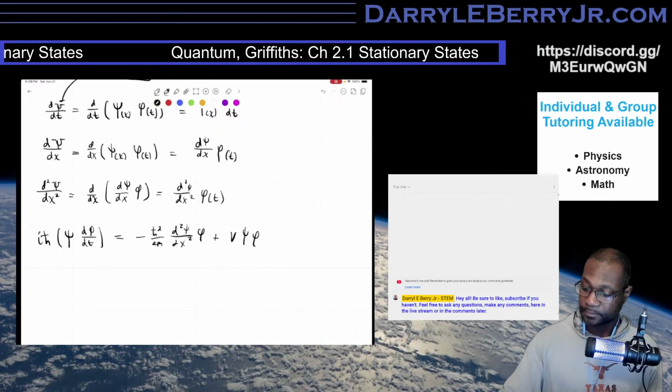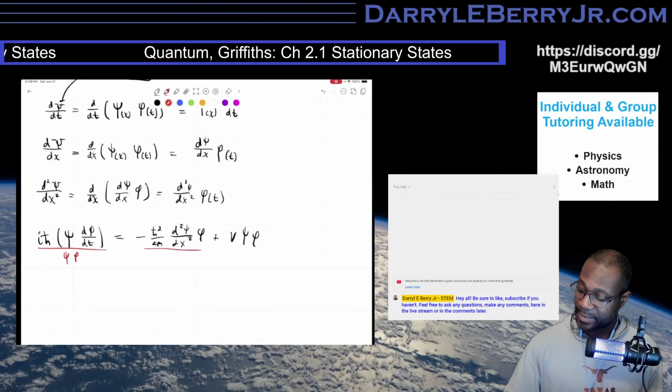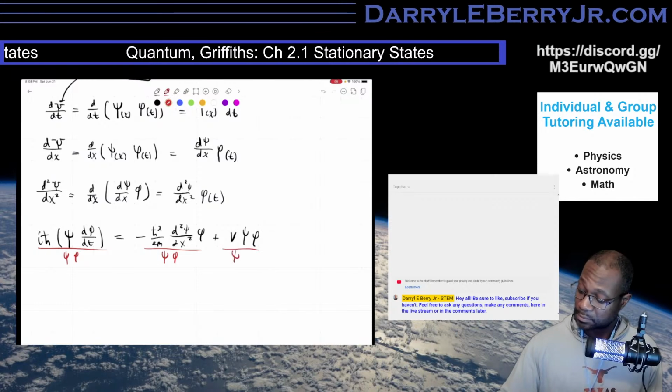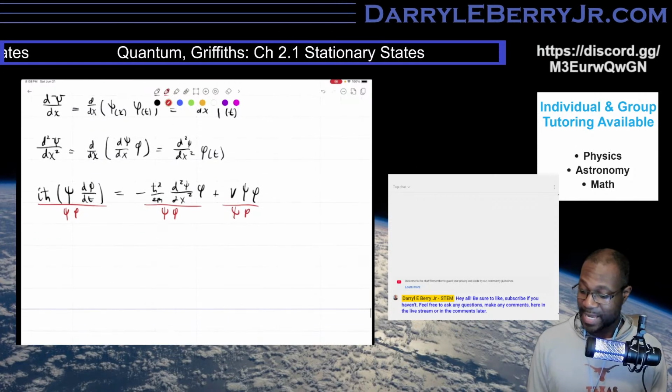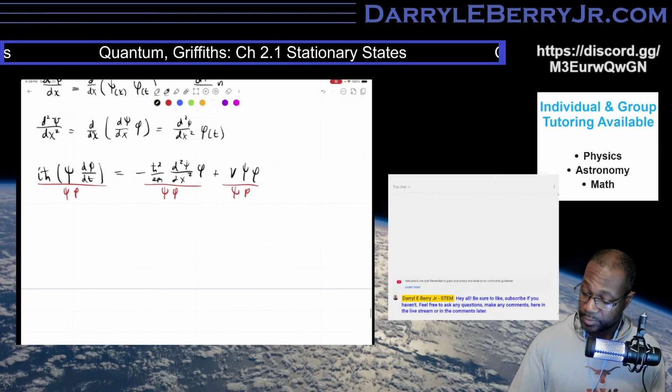Now to isolate each independent variable, all we have to do is divide by psi and phi, and we can see that this will cancel out.